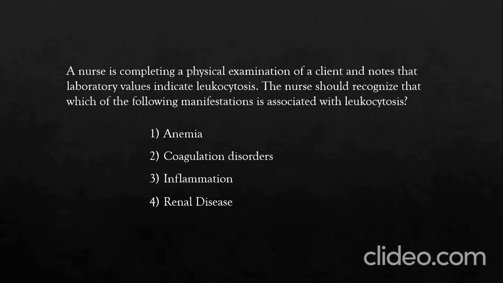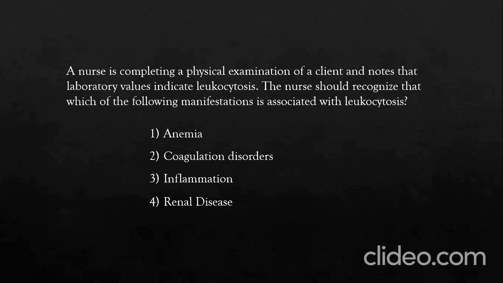All right. A nurse is completing a physical exam of a client and notes the lab values indicate leukocytosis. The nurse should recognize which of the following is a manifestation associated with leukocytosis. 3. Yay. What might be a sign of anemia? What's going to be low with anemia?